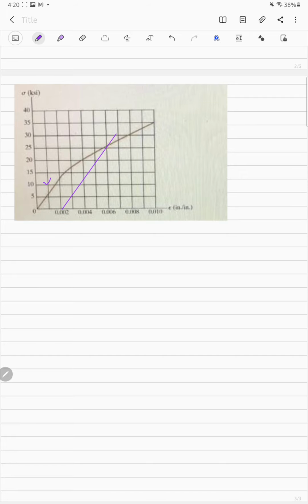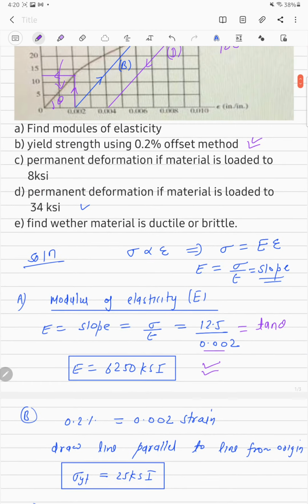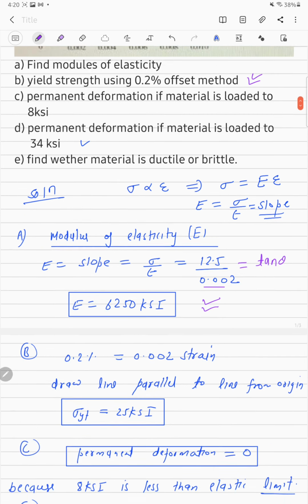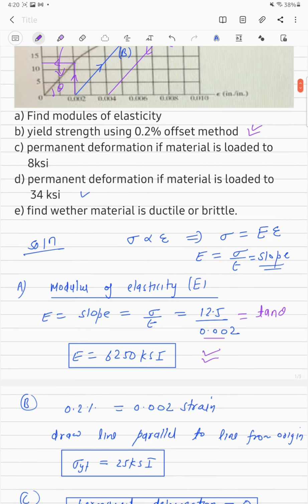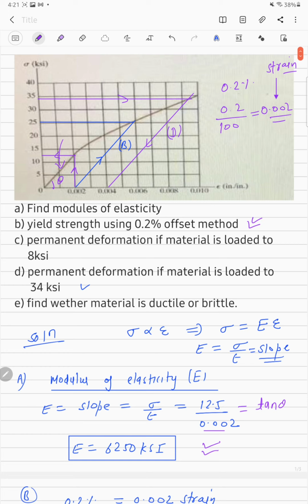Where it intersects the curve, that will be our yield strength. The stress value corresponding to this point will be 25 ksi. So in the second part we have found the yield strength. The 0.2% offset method we have drawn in this graph also, in part B: a parallel line to the initial line, and the stress corresponding to that will be our yield strength.